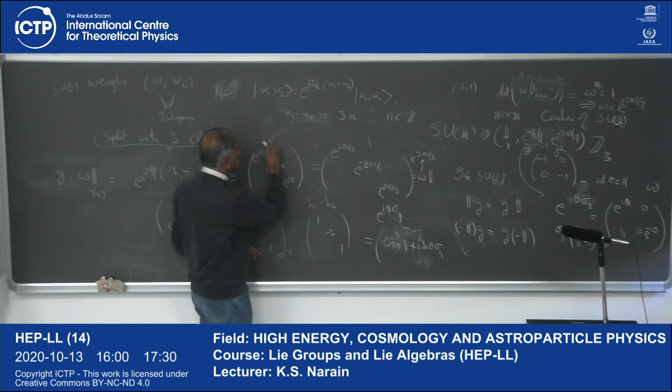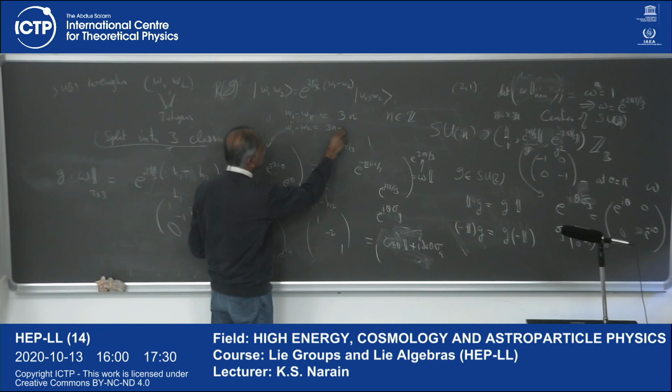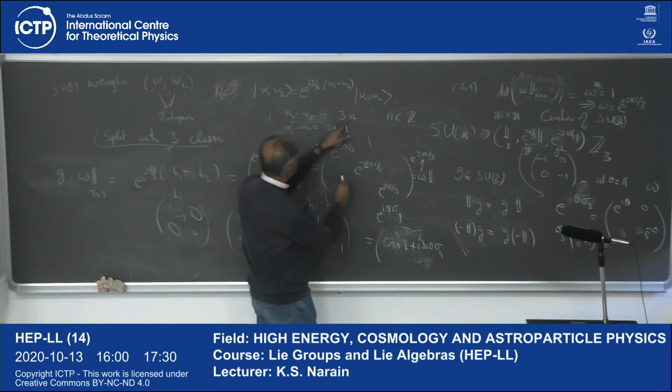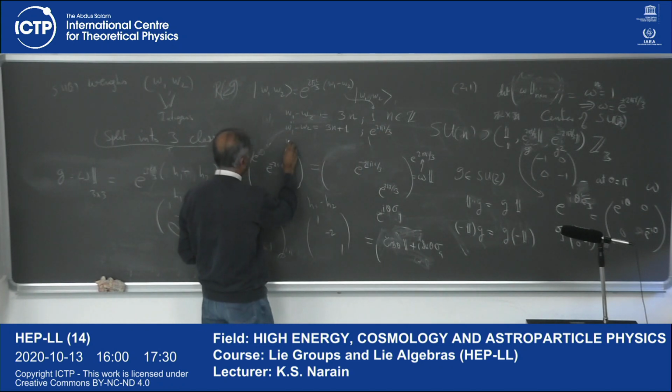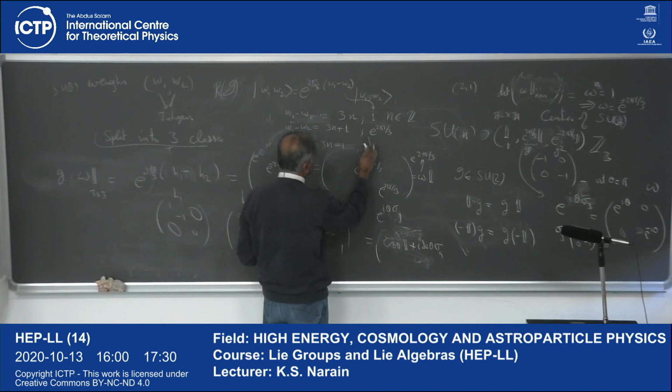If W1 minus W2 is 3n plus 1, then this phase is e to the 2 pi i by 3. And finally, if W1 minus W2 is 3n plus 2, or minus 1, which is the same thing, then it is e to the power of minus 2 pi i by 3.